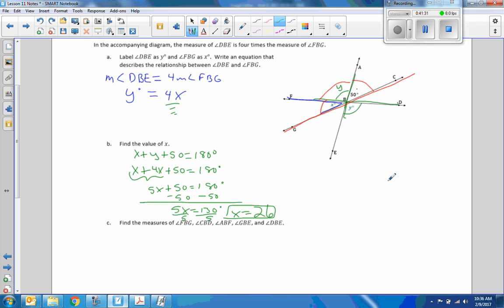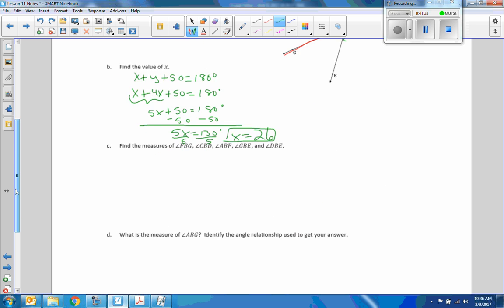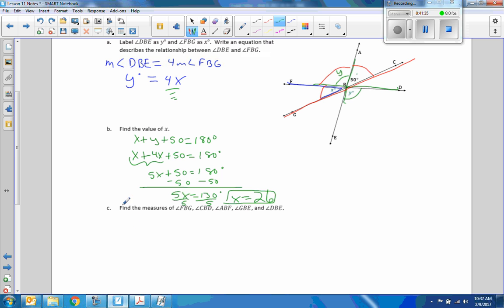x equals 26. Now it says to find the measure of angle FBG. So the measure of angle FBG equals x. So therefore the measure of angle FBG equals 26 degrees.